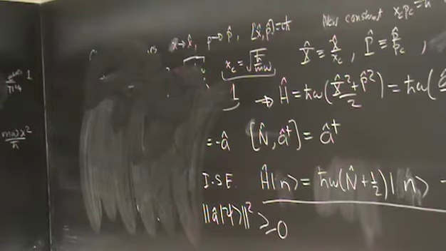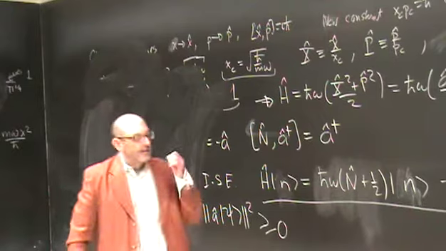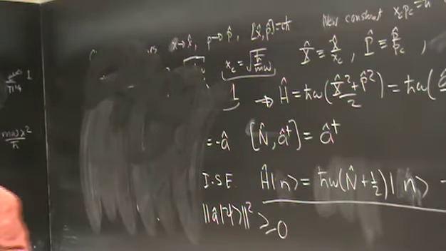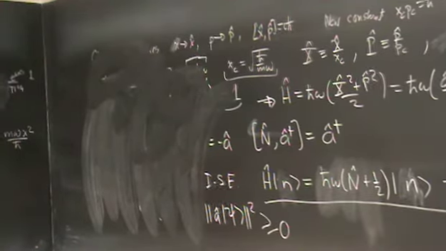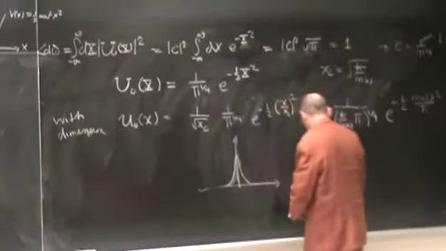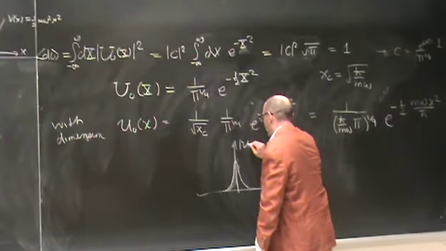No, you cannot talk about, the problem is, you can't talk about the position and momentum simultaneously. Classically, this wave function is supposed to be a bell shape, right? This is the square of the wave function.